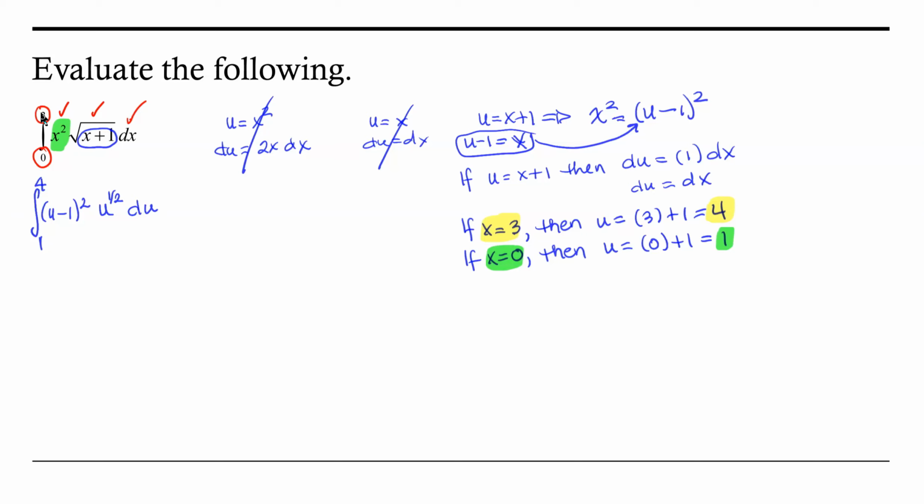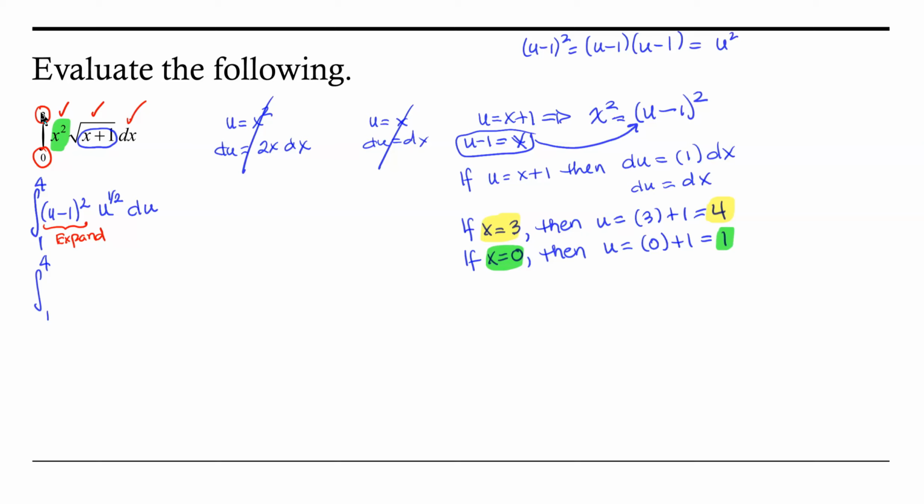And so I have a new integral entirely in terms of the variable u that we can start looking at evaluating. Now, the first thing I notice about my new integral is I have this u minus 1 squared. So we're going to need to expand or multiply that out. So that's going to become the integral from 1 to 4. Now keep in mind that u minus 1 squared is u minus 1 times u minus 1.